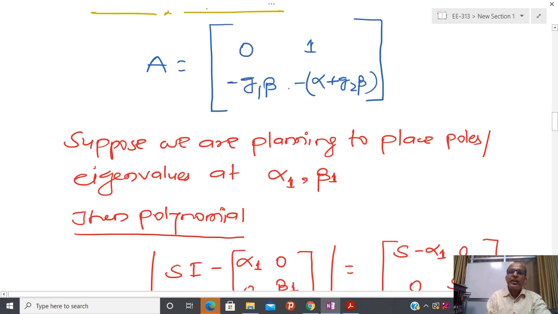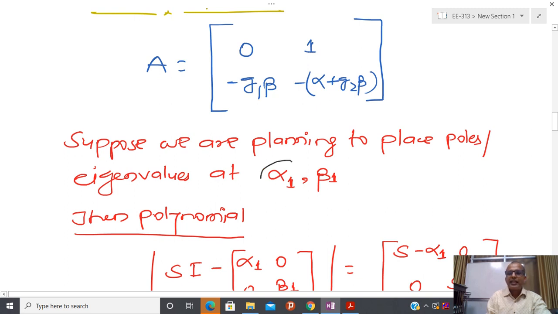Whenever we have an autonomous system, we have found that I can express the solution in terms of eigenvalues and eigenvectors, and the eigenvalue decides the rate of convergence. So if the eigenvalue is larger, then the rate of convergence is larger, and we have to make sure that both eigenvalues are strictly negative.